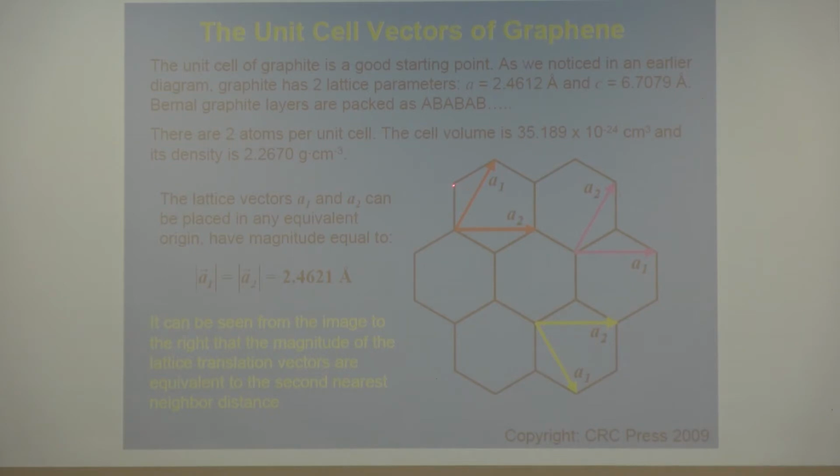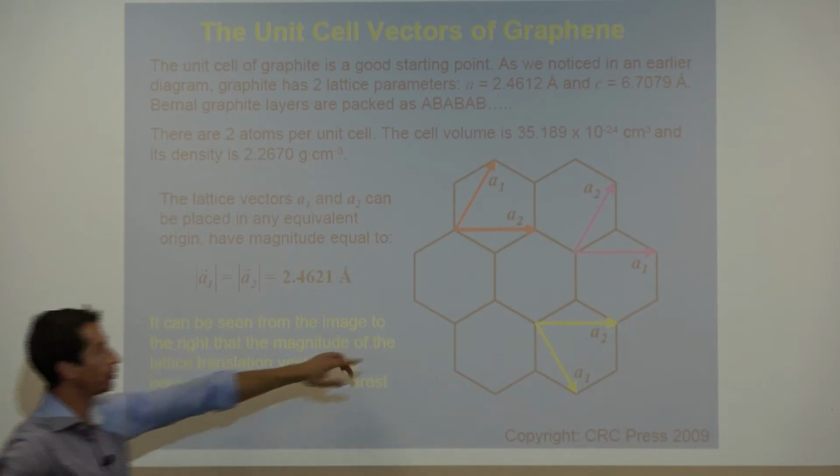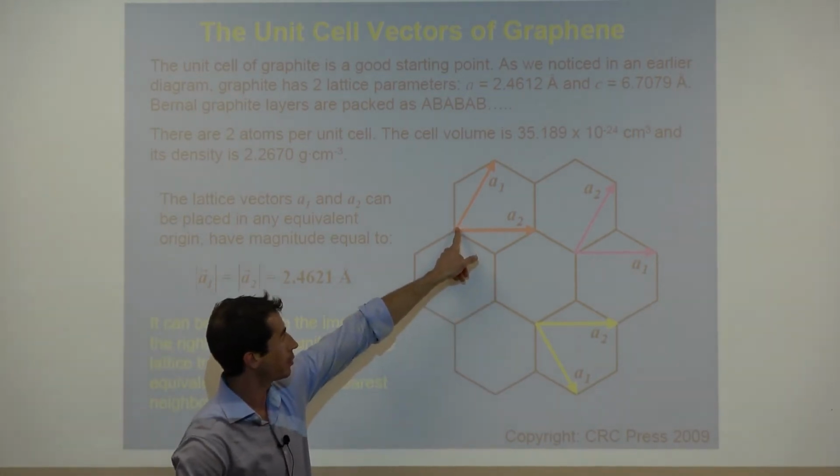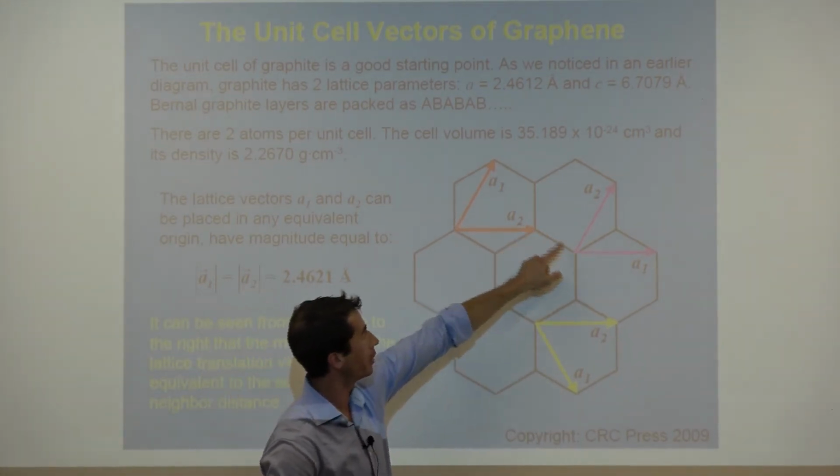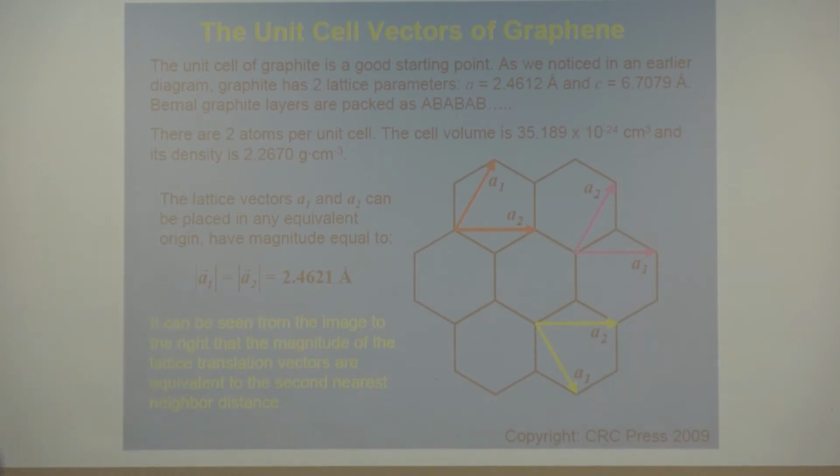So not the exact neighbors of one carbon, but the next nearest neighbors. Okay, so 2 atoms per unit cell, lattice vectors A1 and A2, which can start from any starting carbon, right? Could start from here, here, here, here. The origin doesn't matter as long as you define where 0, 0 is, okay?